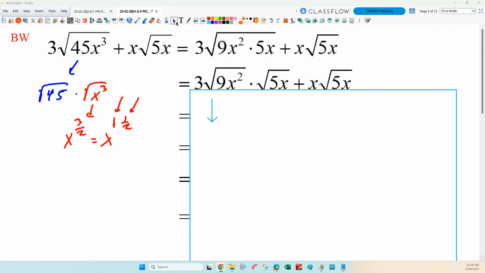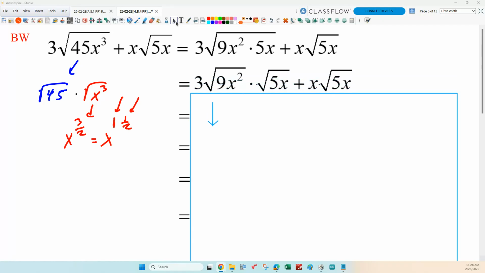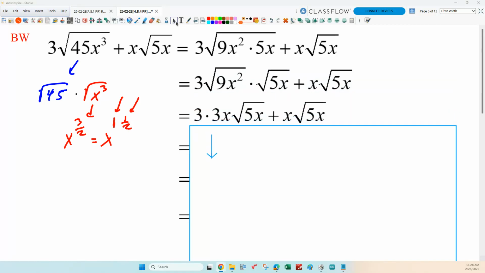So it looks like they combined those into one thing, right? This is the stuff that's going to come out, and that's the stuff that stays in. I like our method a little bit better. So we got a 3 outside and a 5 inside, and this gave us an x outside and an x inside, right?